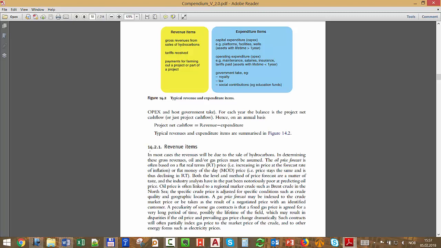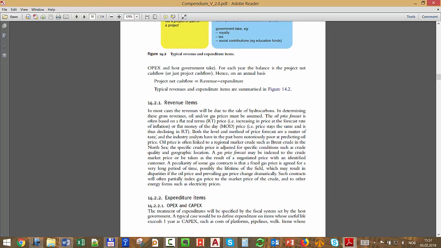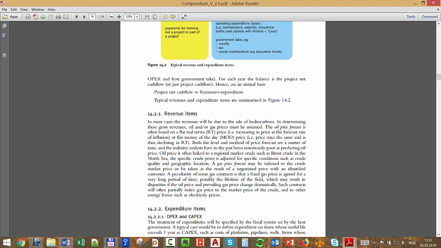Yeah, this here, section 14.2.1. So you read on that, but basically there are two methods. One of them you keep it constant during the life of the field, and the other one you start changing it, increasing it due to the inflation.